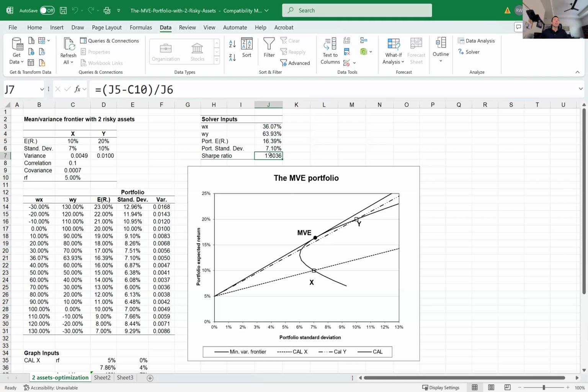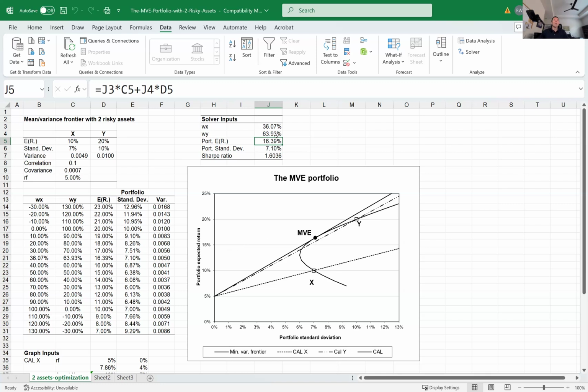And what is the answer? It says the highest you can get on the Sharpe ratio is 1.6036. And how do we get that? Well, if we put 36.07% of our money into X and 63.93% of our money into stock Y, then the expected return on the portfolio is going to be 16.39%. That's going to be right here.